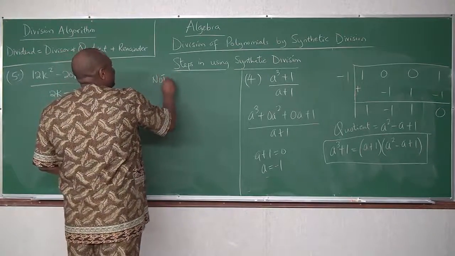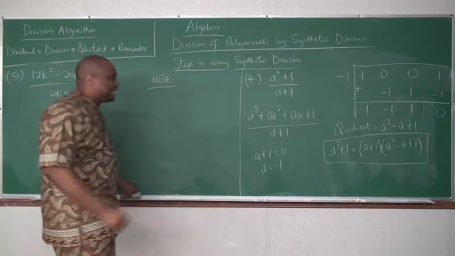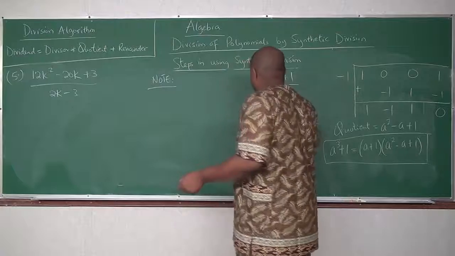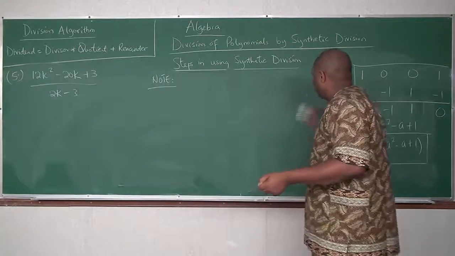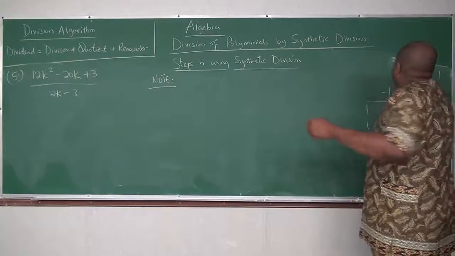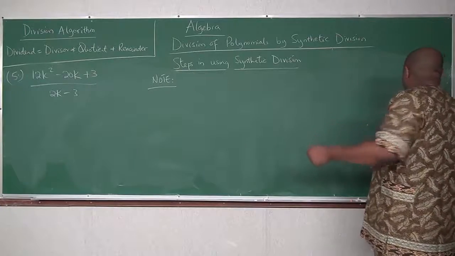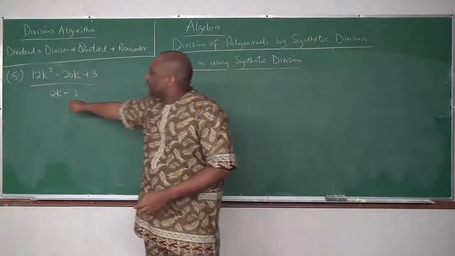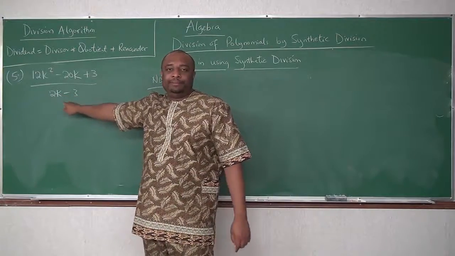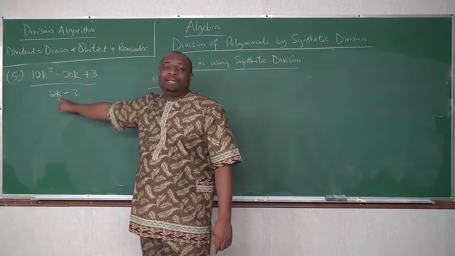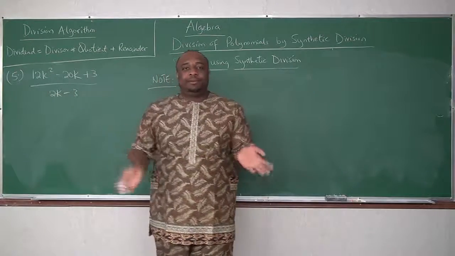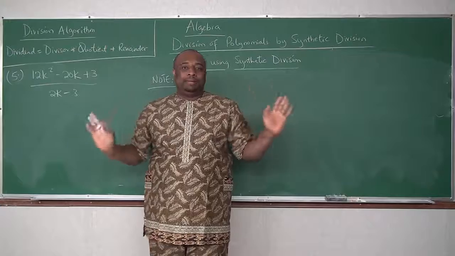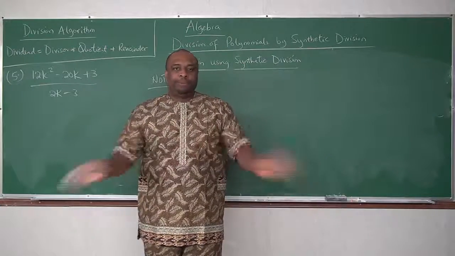Please write this note because I am supposed to have said it. When you are doing synthetic division, if the coefficient of the first term in the divisor is 1, great, no problem.